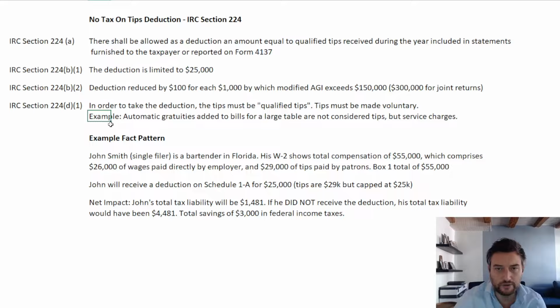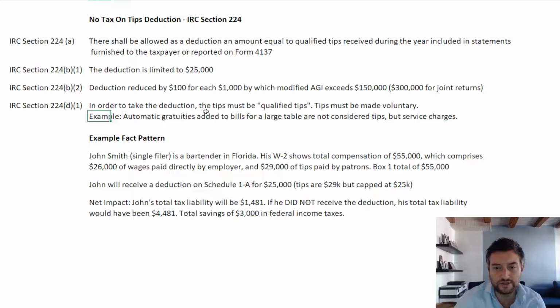So if you have a big table and there's automatic gratuities applied to the bill, in the eyes of the IRS, that's not a voluntary tip, right? So it's more of a service charge. And so for that reason, those can't be deductible. Still taxable income, but it's not going to be considered tip income. But for the most part, your qualified tip income is going to be what's reported to you on your W-2, and it shouldn't be an issue.